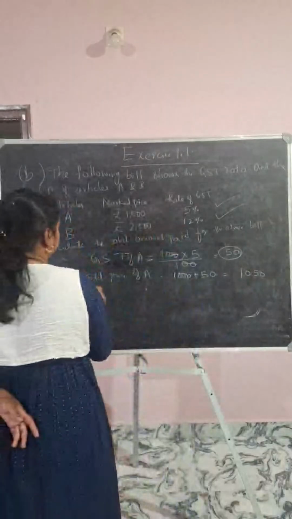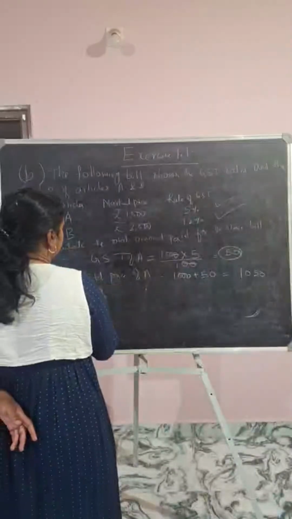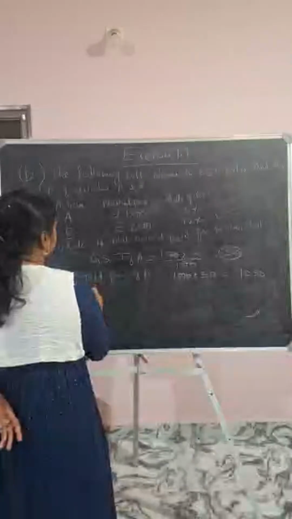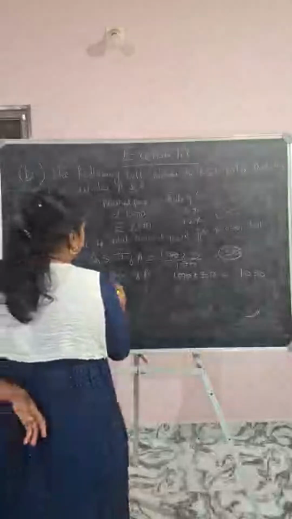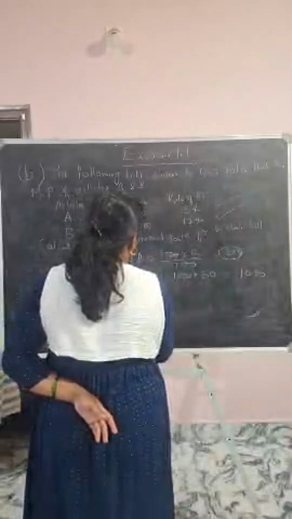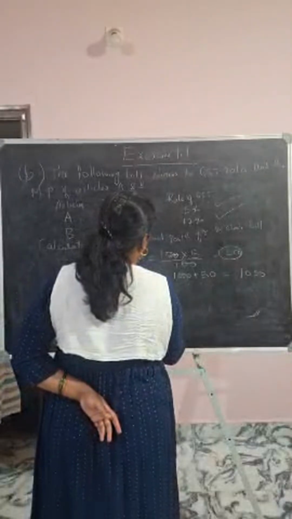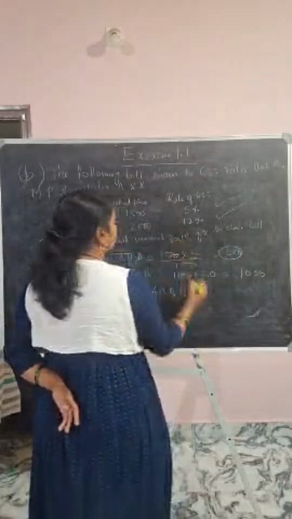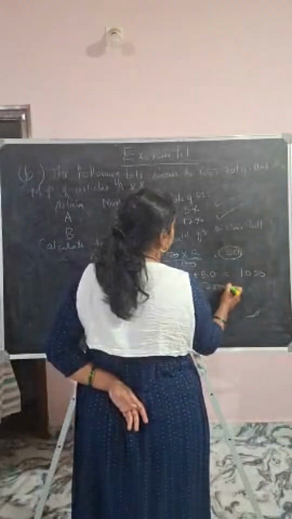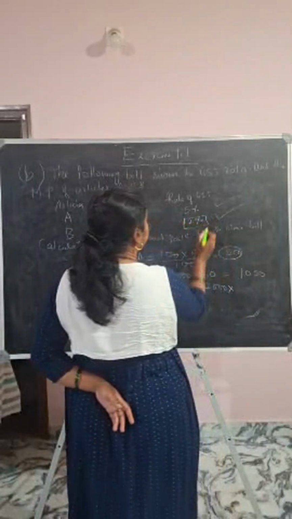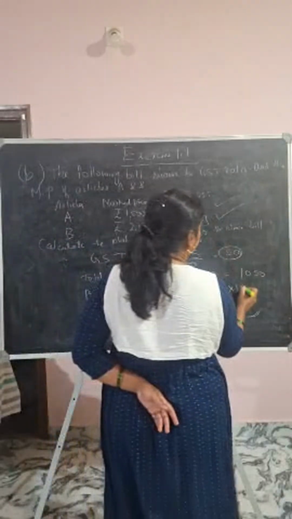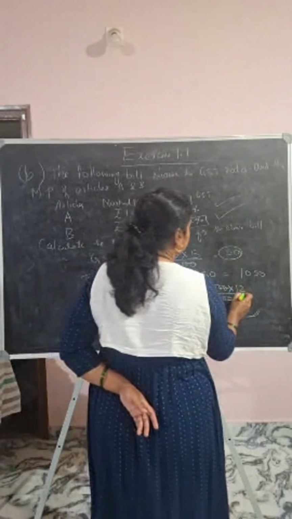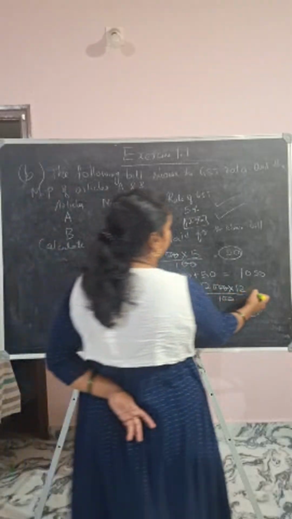Next for article B, price inclusive of GST of article B is equal to 2000 into, here the GST percent is 12 divided by 100. So 12 2s are 24.